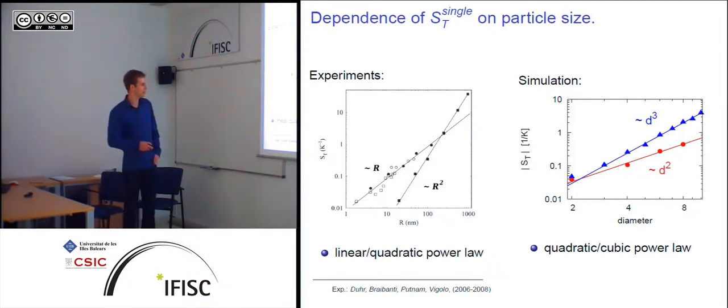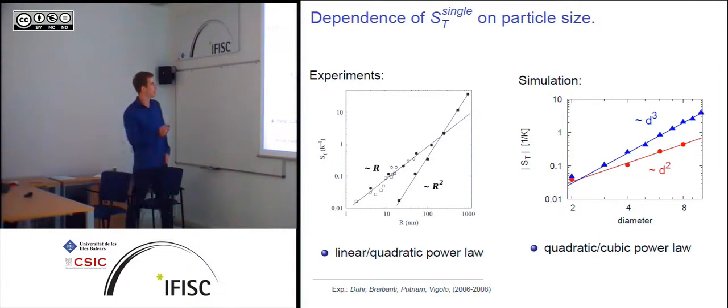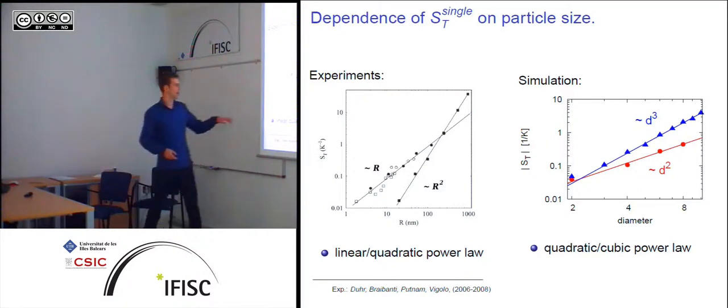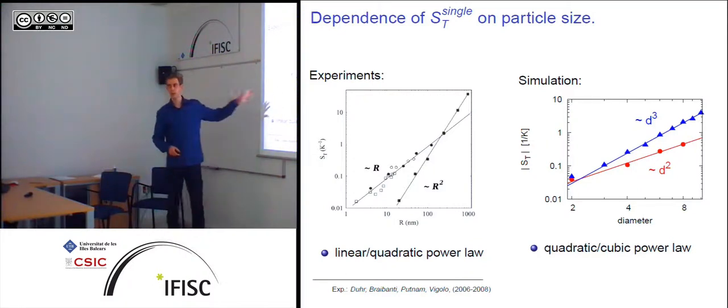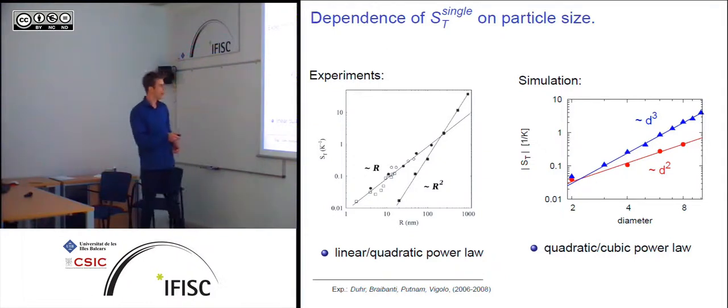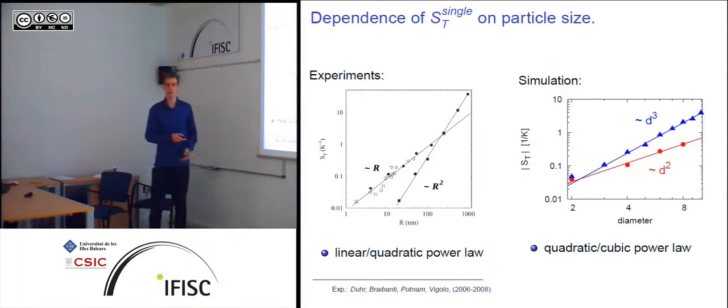And there is experimental data that shows, for a very similar setup, two different dependencies. One is linear and one is quadratic. And these two different results were debated, and there was no explanation why it is different for the same setup.